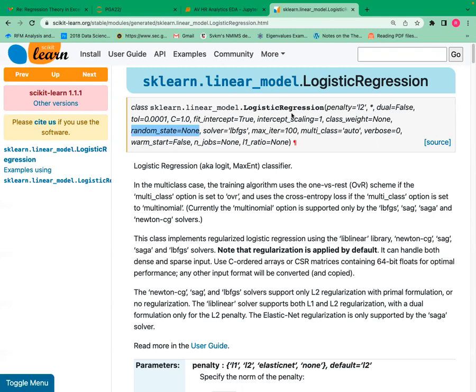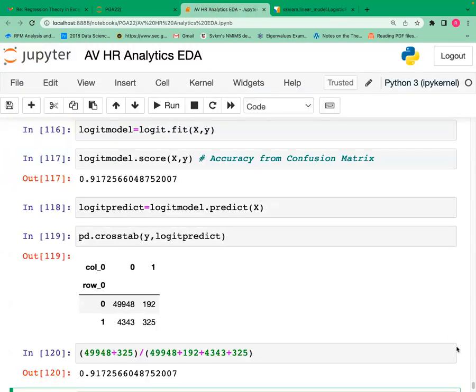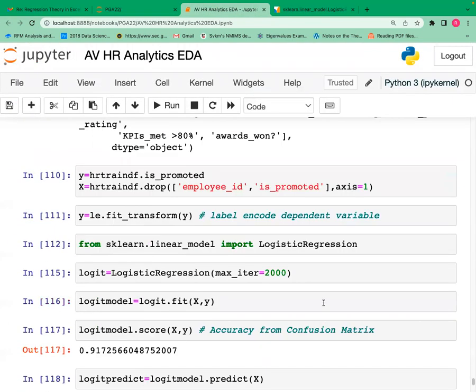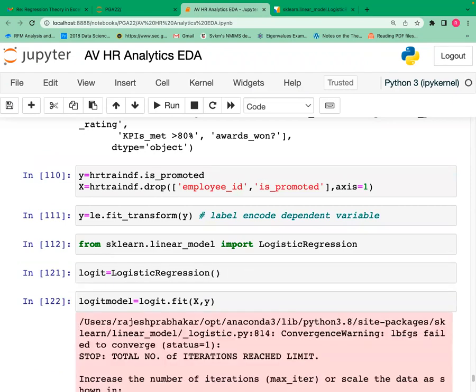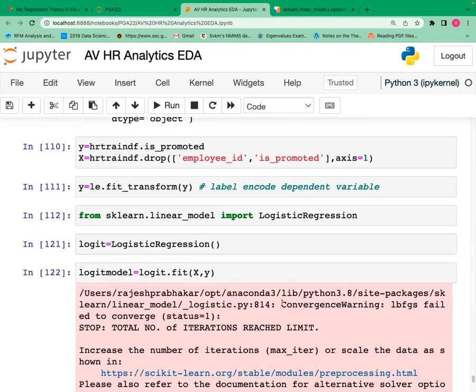The primary argument which I have changed is the iterations. Maximum iteration by default is 100. So when I ran the model, I got a warning, right, saying that the iterations are not enough for building the model. So when I ran the model initially, I got a very big error. See, you can see here, convergence warning.